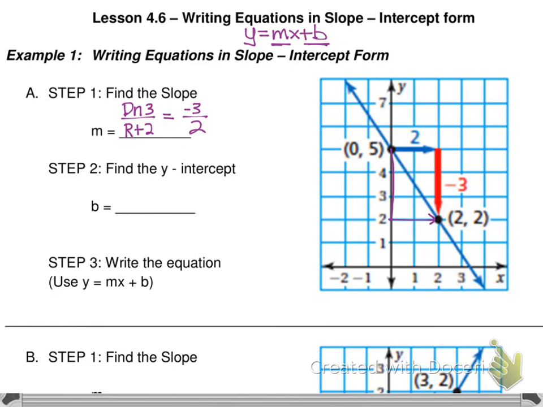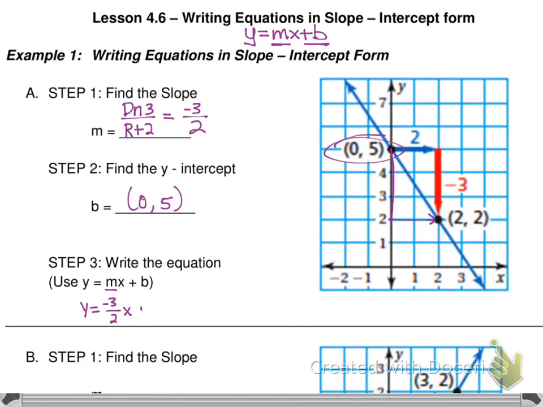My y-intercept, if you remember, is the point where my line crosses the y-axis. For me, it is 0, 5. So all you're going to do for your equation is fill in y equals mx plus b, replace the m with -3 over 2, and then keep the x there, and then replace the b with a +5.